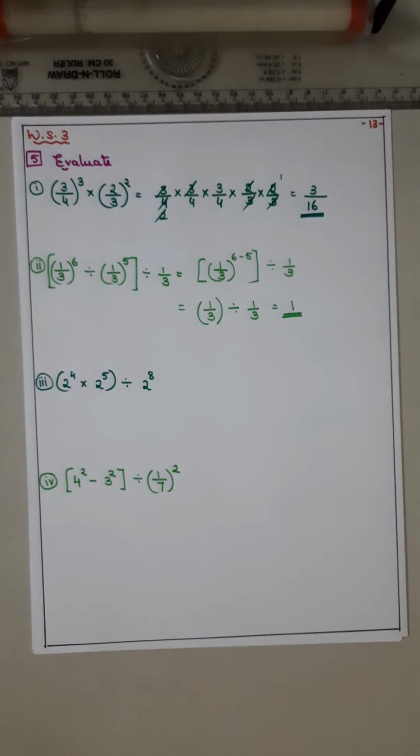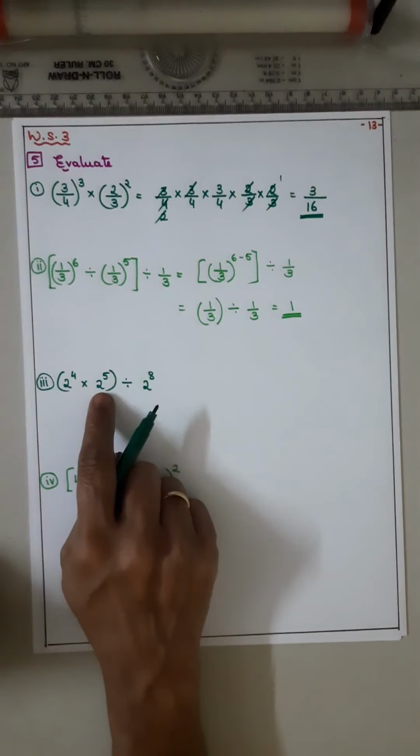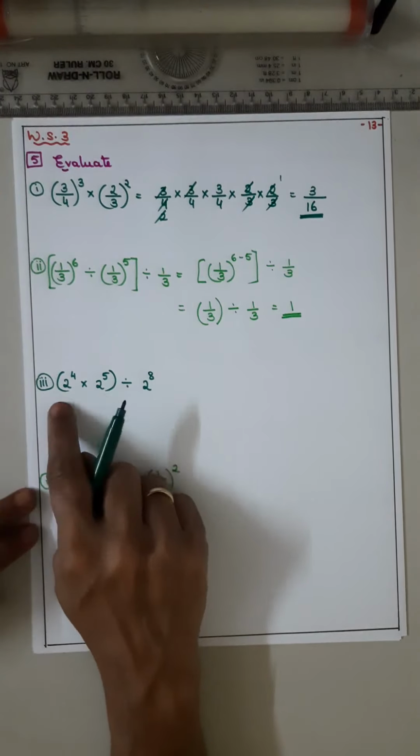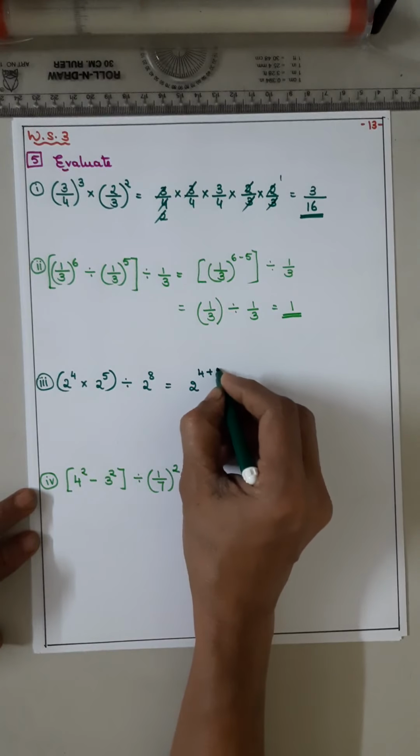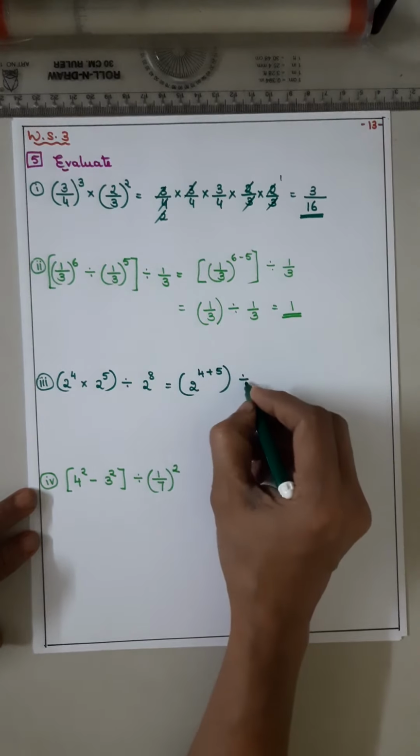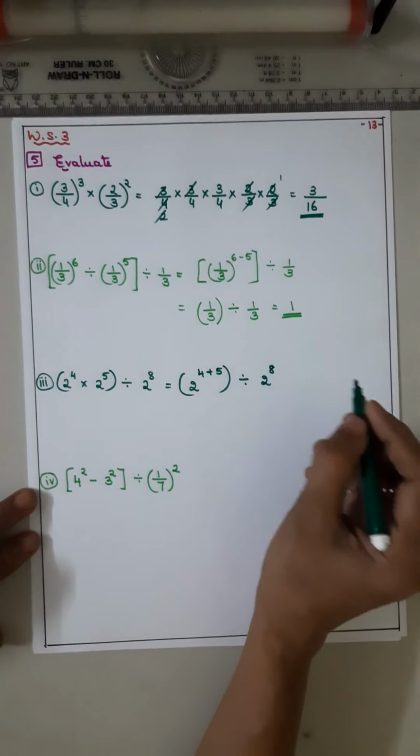Now coming to the third subdivision, the bases are same. It is an ordinary number, isn't it? So it is 2 to the power 4, in between a multiplication sign, so add the powers, 2 to the power 5, divided by 2 to the power 8.